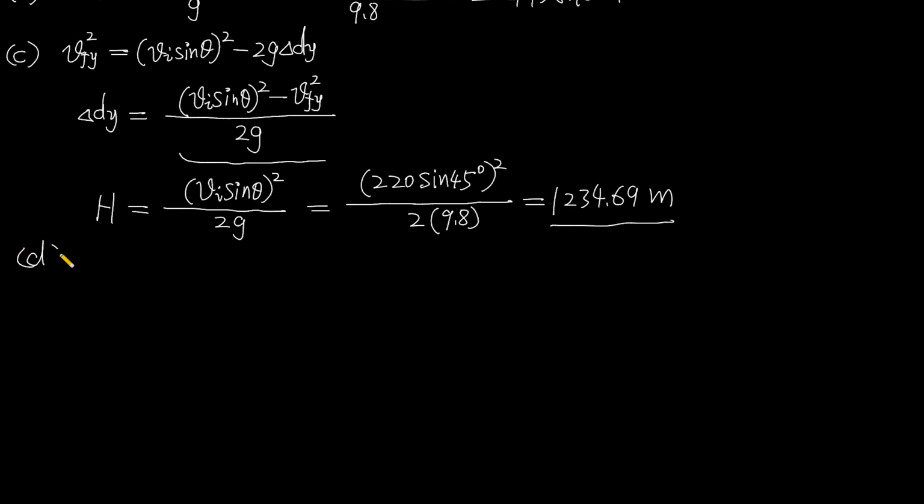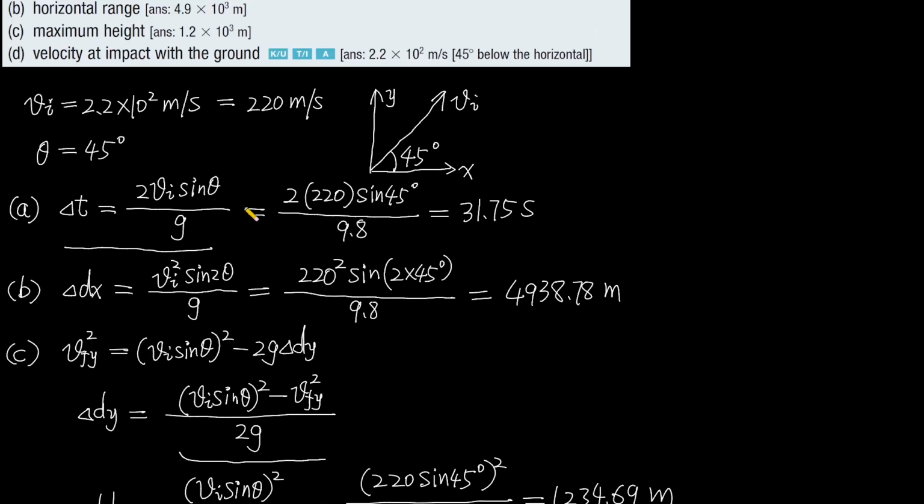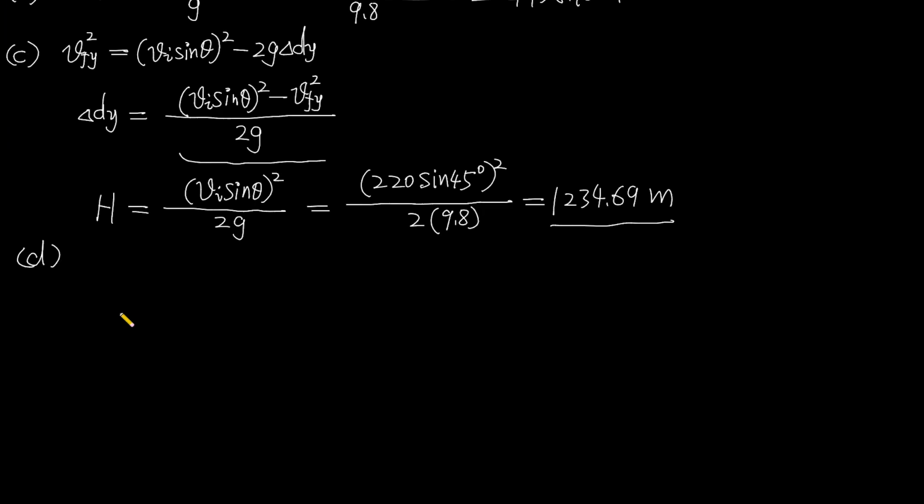Now for question D, the velocity at impact with the ground. We should know that in such a situation, where its launching point is at the same height as its landing point, its initial velocity is in this direction, and this angle is theta. Then its final velocity should be this, and this angle is also theta.